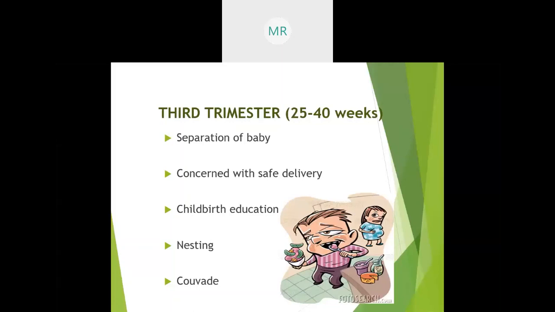Normally when I'm in class, I always say that we have to leave something for the boys, because in all of the lecture we talk about mom, the pregnant patient, and we never talk about them. So we have to leave something for that partner, whether it's the husband, the partner, or the significant other. But they're close to mom, so that's when they have that tight connection, and that's called Couvade syndrome.